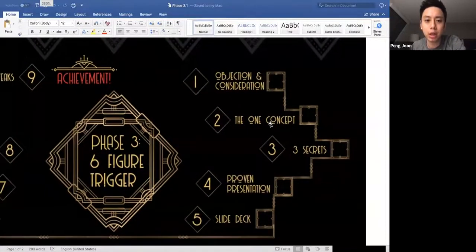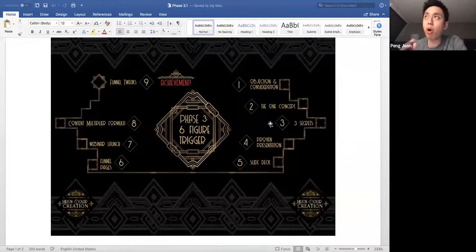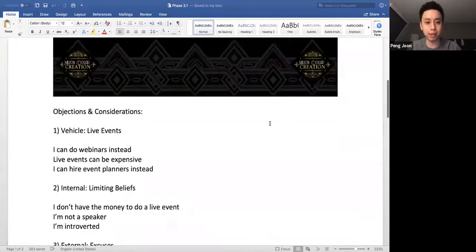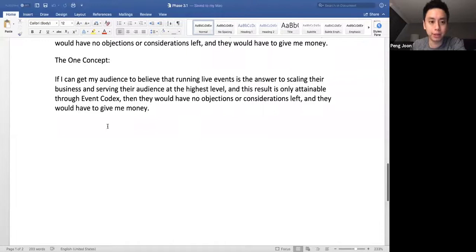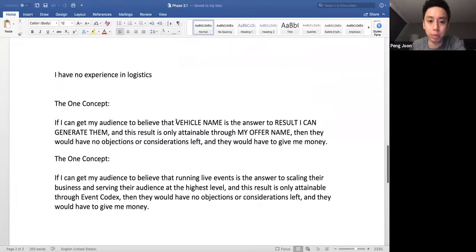Like I said, the more things you try to convince people that they need to do, the less likely they will buy. So it's all about this: if I can get my audience to believe that the vehicle name is the answer to the result I can generate for them, and the result is only attainable through my offer name, then they would have no objections or considerations left, and they will have to give me money.